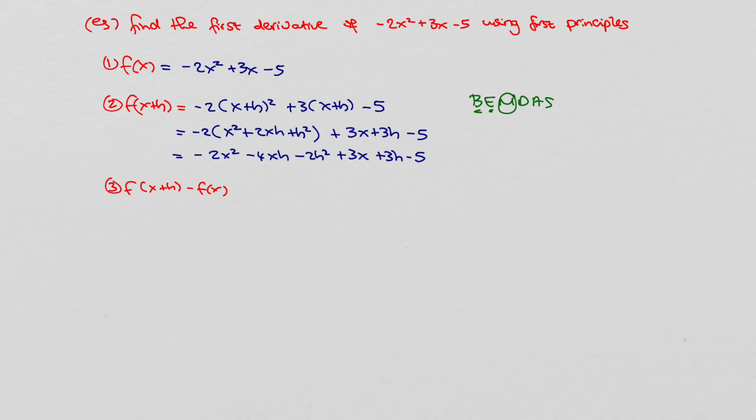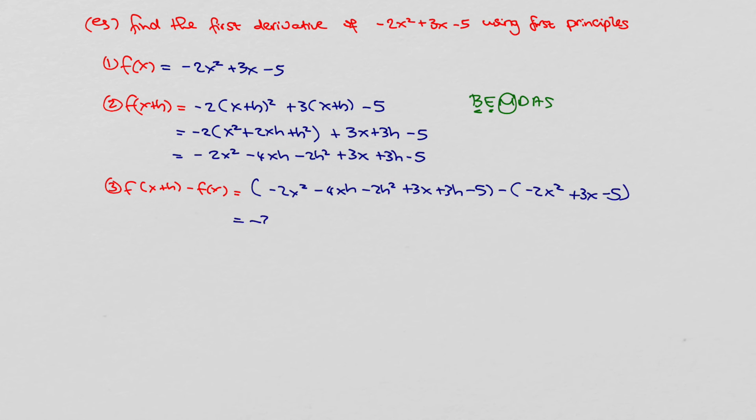minus f of x. So again, we really have to make sure we're using brackets here. We have a lot of terms, we have a lot of minus signs, and again, that's where mistakes happen. So brackets, brackets, brackets. So now we get rid of our brackets.